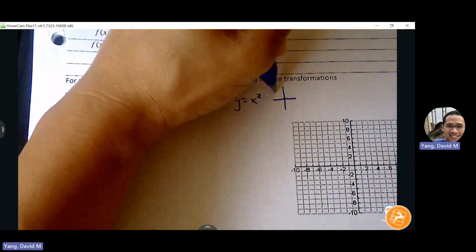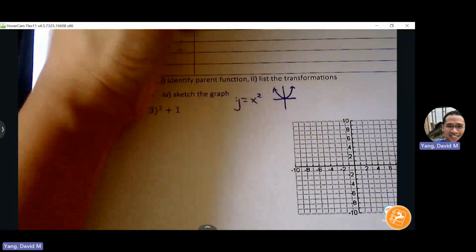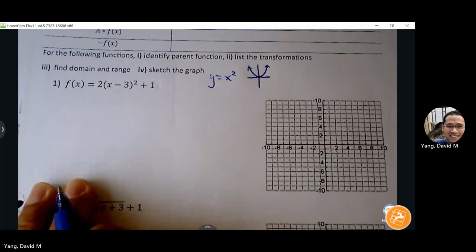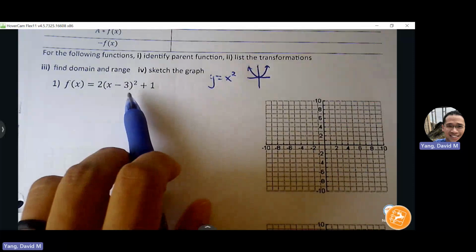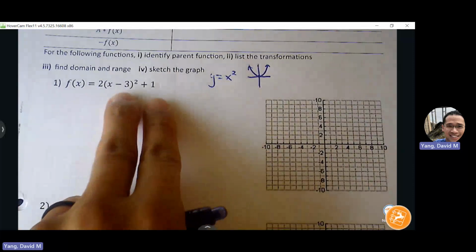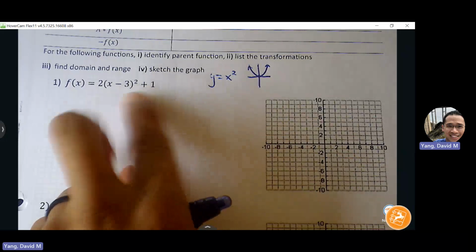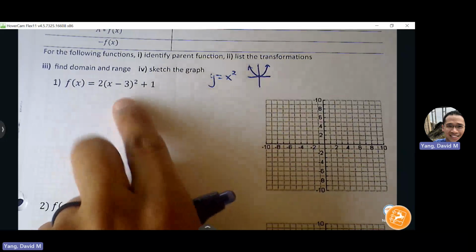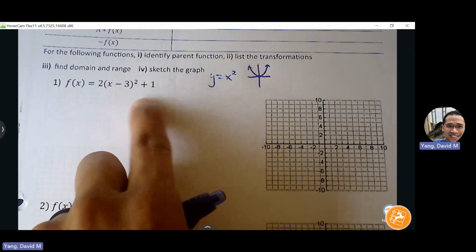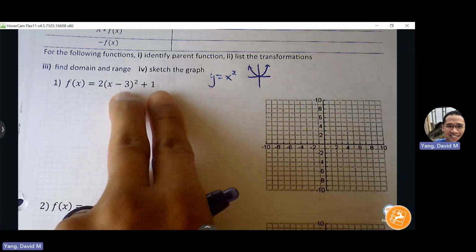So y equals x squared normally starts at 0, 0. We know what the basic graph looks like. So we know it's going to move that parent graph because of that 3 and that 1. And the nice thing here is that you can think of this as the ordered pair of your center, of your vertex.